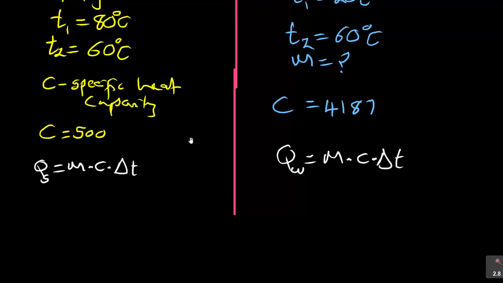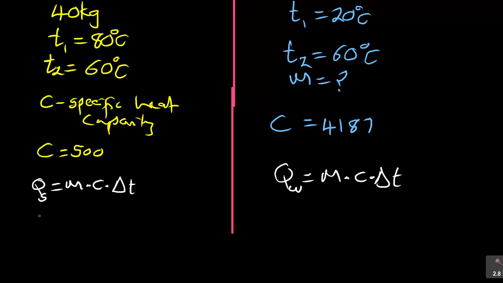So using that information, our Q in this case for steel is equal to M, which is 40. You can see it must be in kilograms. The specific heat capacity is 500, and then the change in temperature. Now it's up to you how you want to do it. Change in temperature is T2 minus T1.